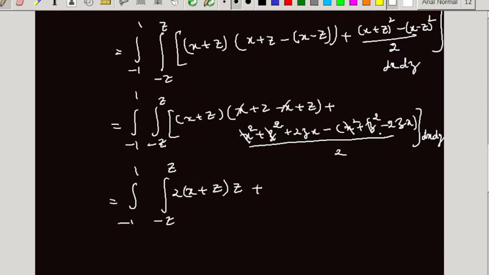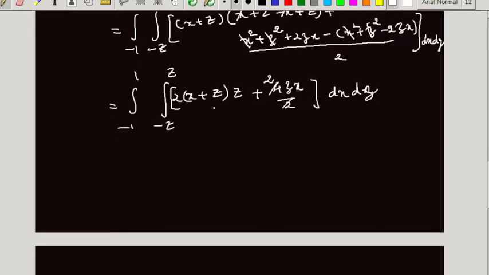So here 2 plus 2 is 4 zx dividing by 2. This should be integrated with respect to x and z. So we can cancel this one. We get 2 times. Now here z is there, here x is there.